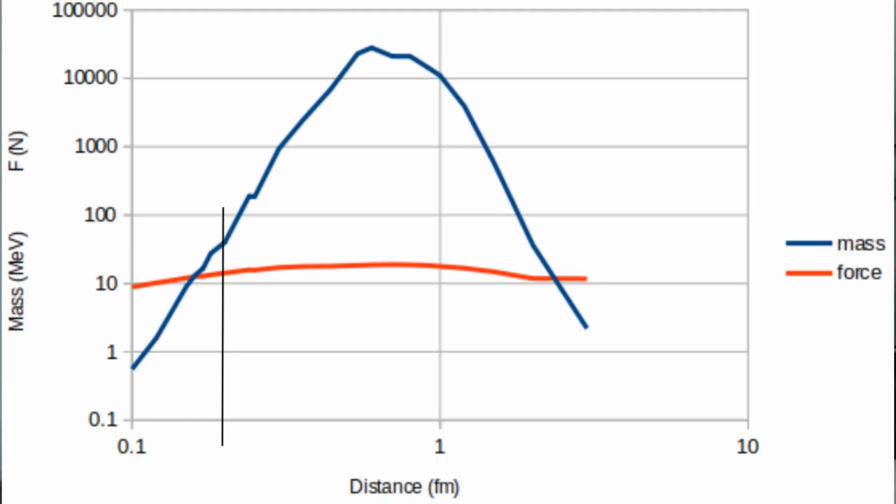Since it's very symmetric, you have a nice curve there. And you get the same as for the muon. On the smaller part of the rising gradient of the graph, you have a stability point, which is indicated here. And so you have a distance from the center around 0.2 Fermi for all participants.